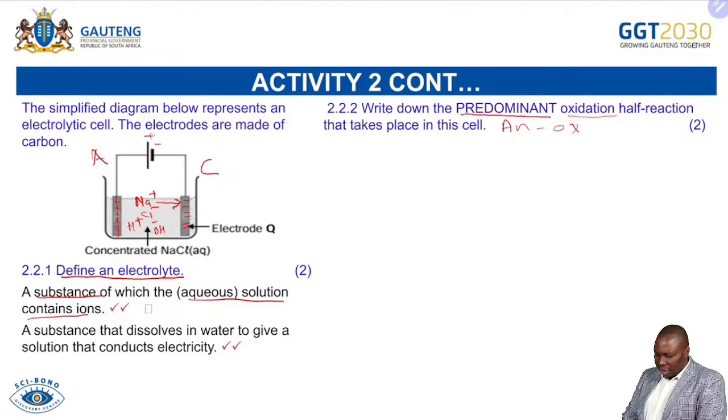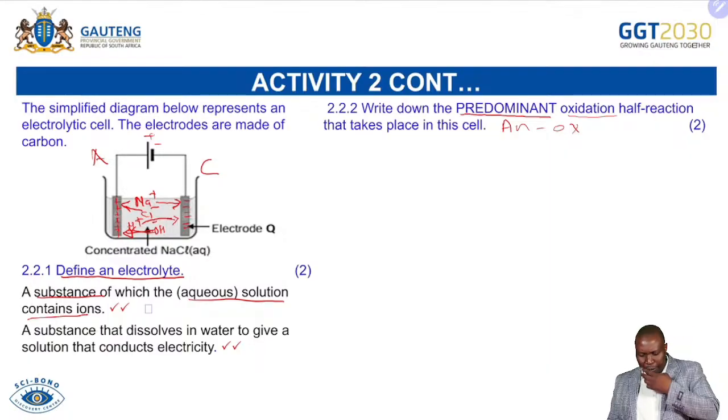H plus is positive, it will be attracted that side. And then on the anode side, you are having Cl minus and OH minus. Those are the ions that will be attracted to the positive one.